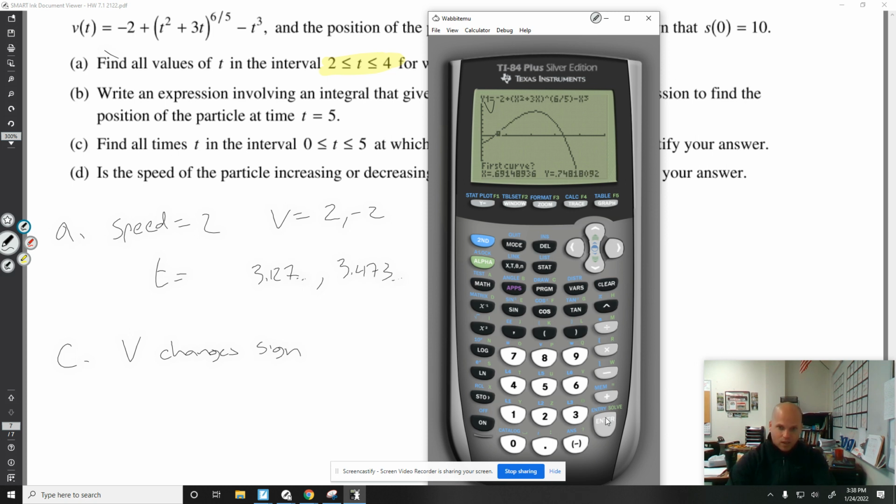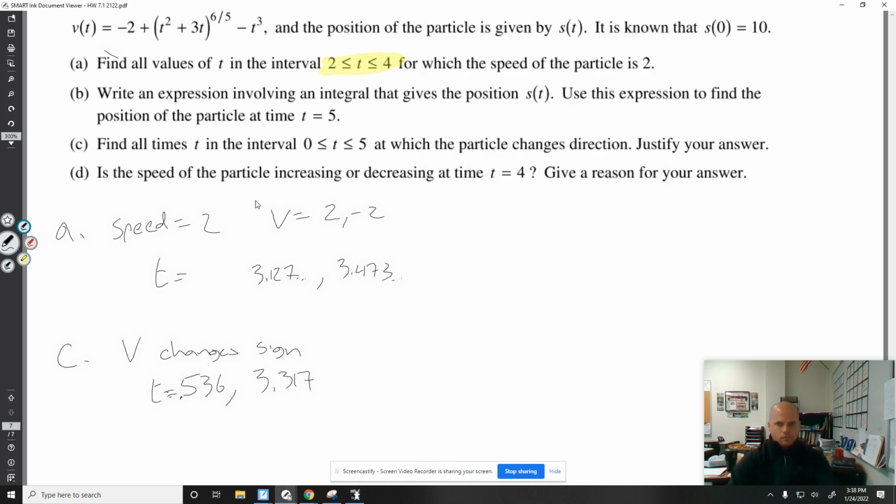We hit a min of my position graph, or I've changed direction from left to right. 0.536. .317. Okay. That's it. Velocity change of sign, that's perfect justification.